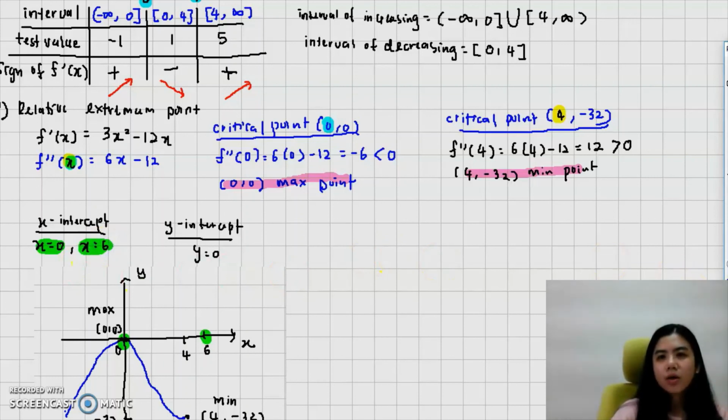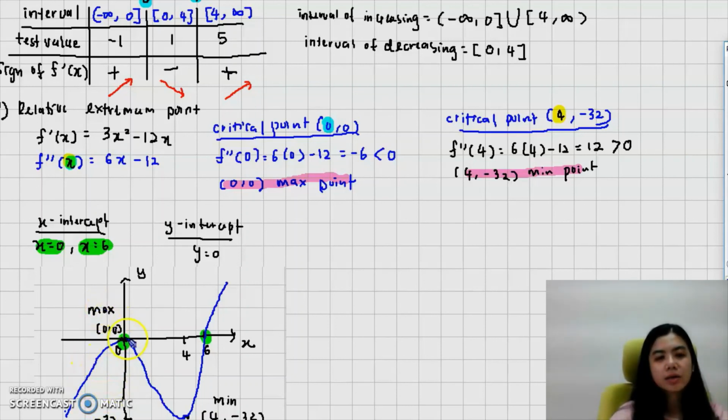Continue the curve by going up like this. You can see that the range from 4 to infinity is basically going up, and it must pass through the x-intercept x equal to 6. And this one passes through the x-intercept 0. That is the solution for example 1.